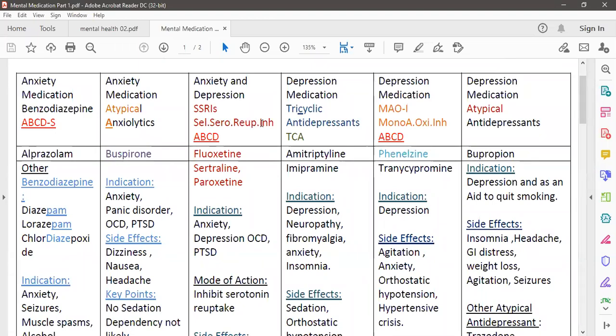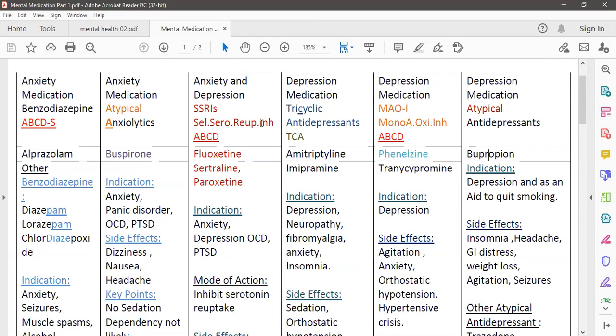These drugs inhibit the reuptake of serotonin. Okay. Examples of SSRIs are fluoxetine or sertraline, right? Or citalopram or paroxetine.